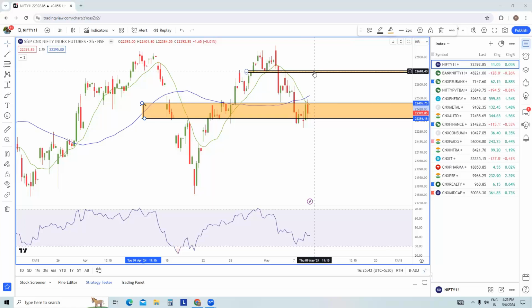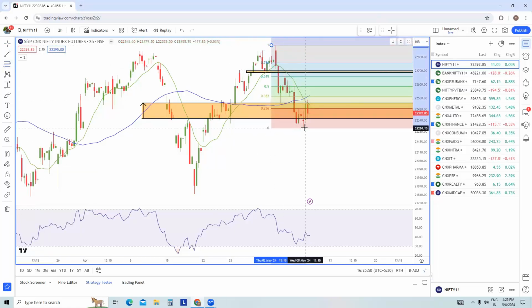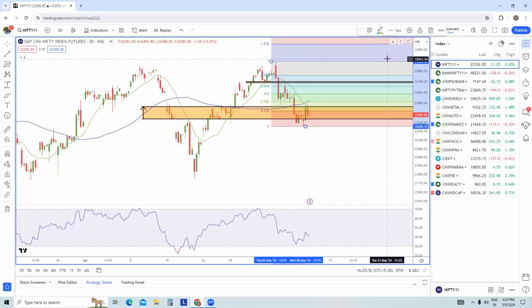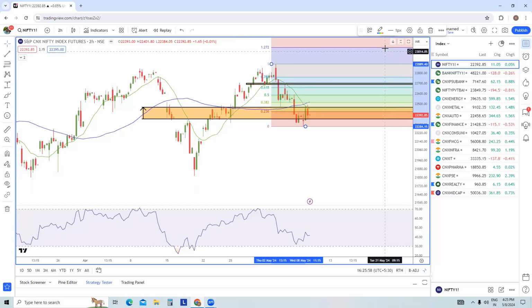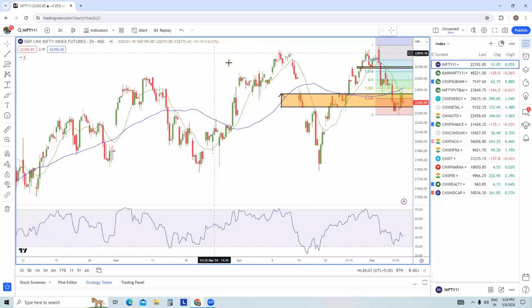So for me, that level is 22,700. If we have a close above 22,700 in the Nifty futures, then yes, we could test possibly around 22,850, 880, and maybe even just above 23,000 or 23,050. So that is my first view.